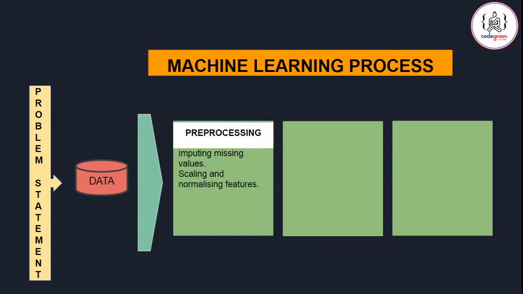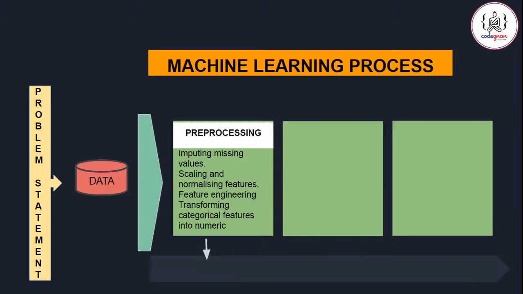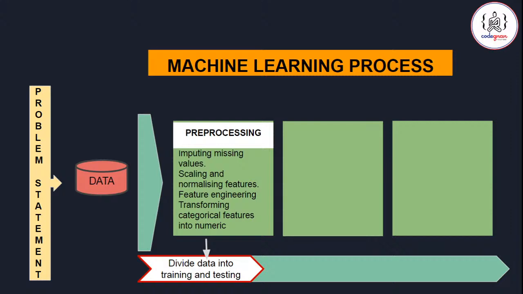Then we try to scale and normalize, we do some feature engineering, and we transform our features. After doing this preprocessing, we divide the data into training and testing. On your training data, you are going to build or train your model, and for evaluation, to see how well your model is working, we use the testing set.